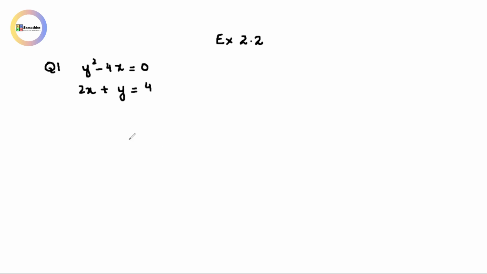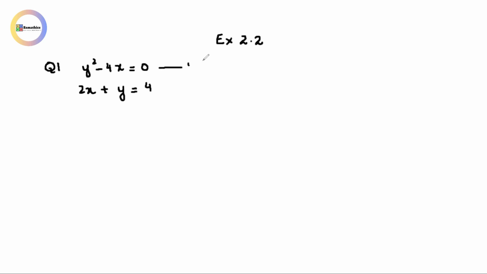Now, first of all, you have to find out which equation is linear and which one is non-linear. If in the equation the power is higher, like in this equation power is 2, then you can easily write that this is non-linear equation.